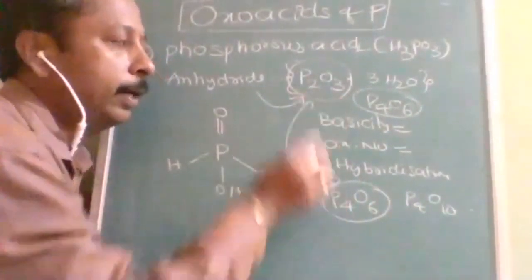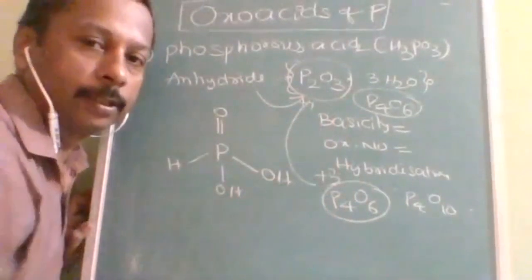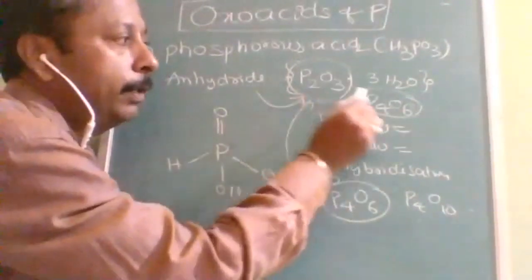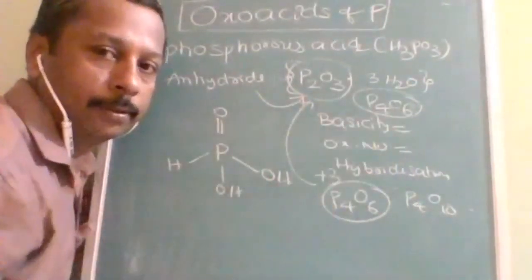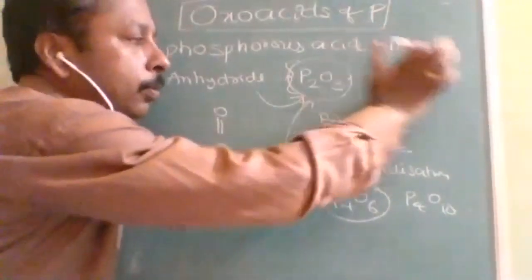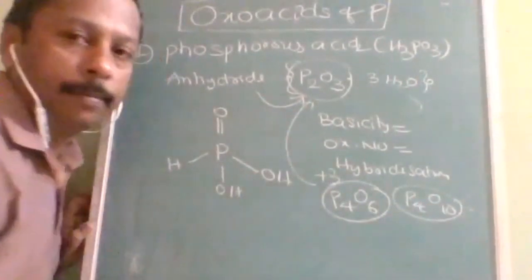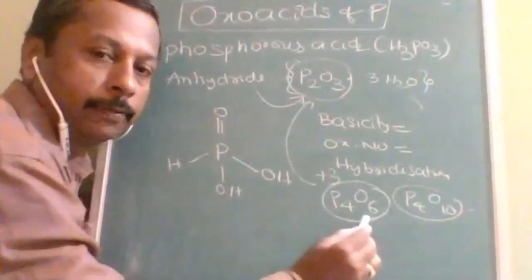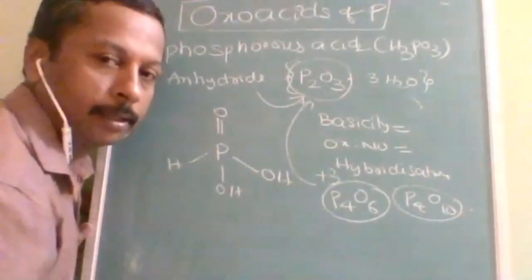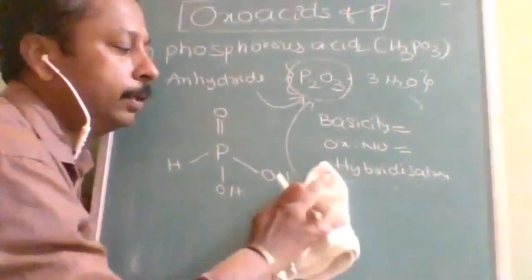Dimer of this is P4O6, so P2O3 is P4O6. So there are two oxides of phosphorus: phosphorus trioxide and phosphorus pentoxide. That structure and oxides will be different.